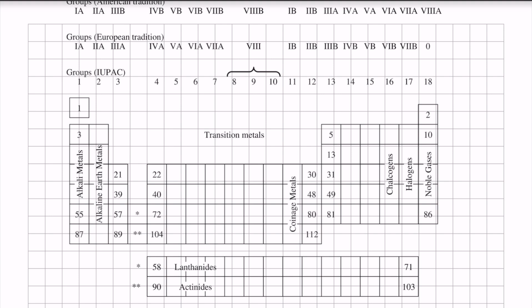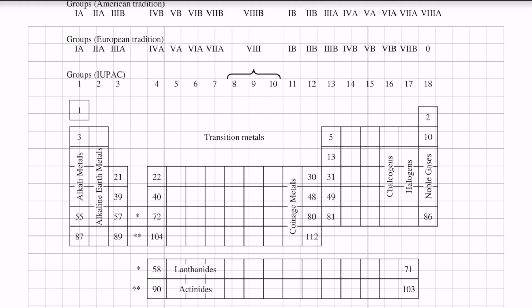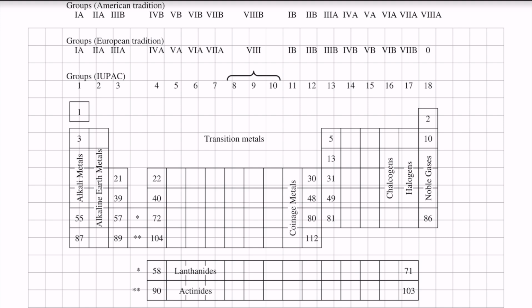The discovery of additional elements not known in Mendeleev's time and the synthesis of heavy elements have led to the modern periodic table. Great. In the modern periodic table, a horizontal row of elements is called a period, and a vertical column is a group. The traditional designations of groups in the United States differ from those used in Europe.